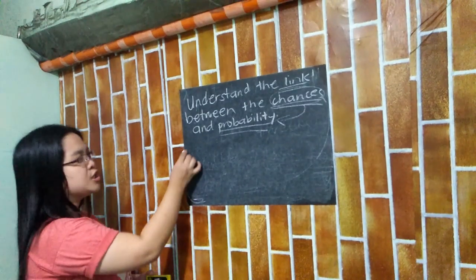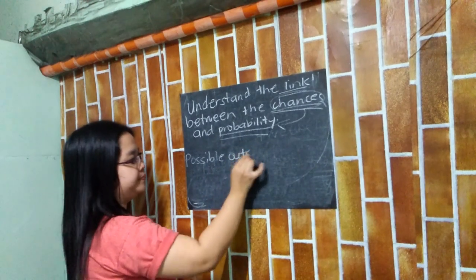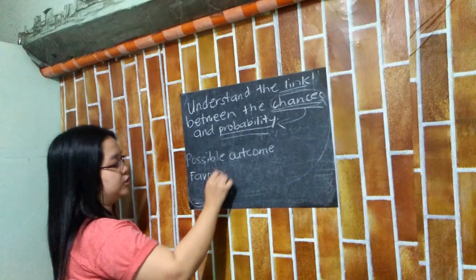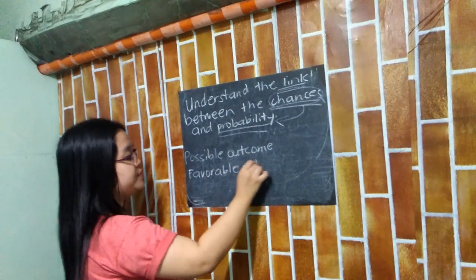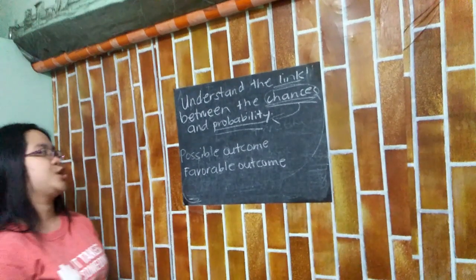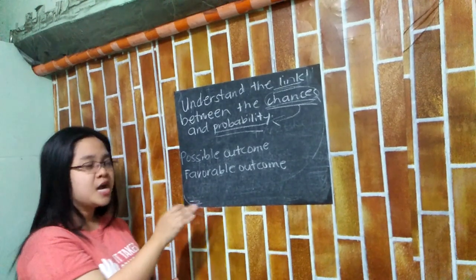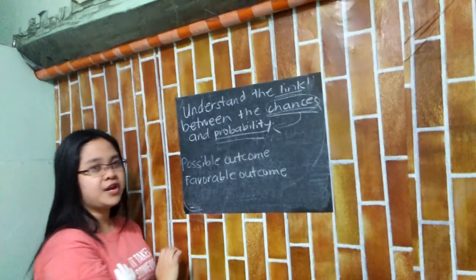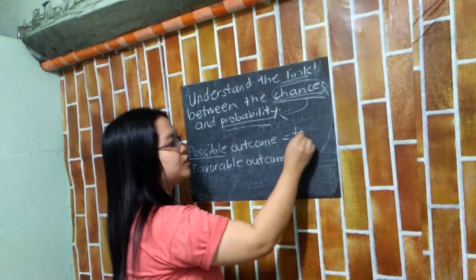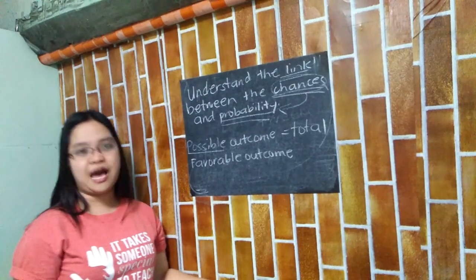Last time, I also mentioned the terms possible outcome and favorable outcome. These two important terms are really helpful for us to understand what probability means. Both of them refer to outcome. However, they are different in nature. When you say possible, it pertains to the total possible events that can happen.